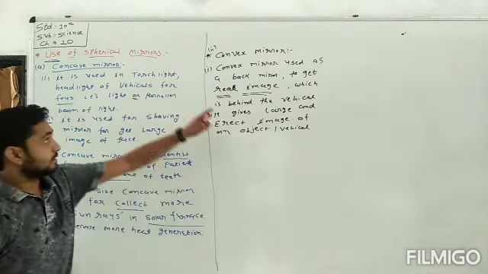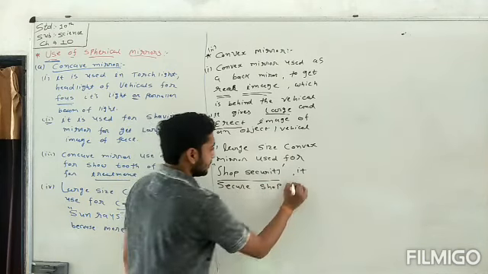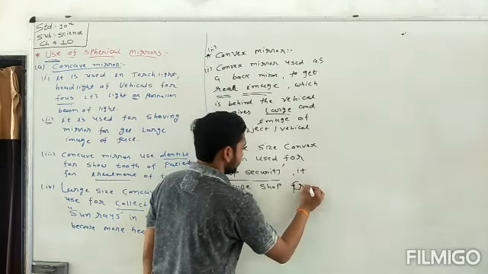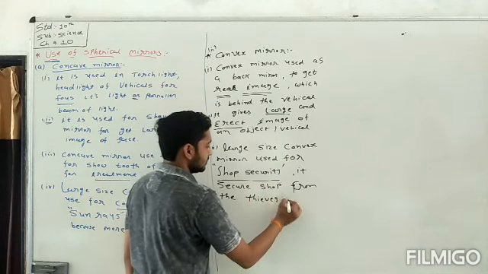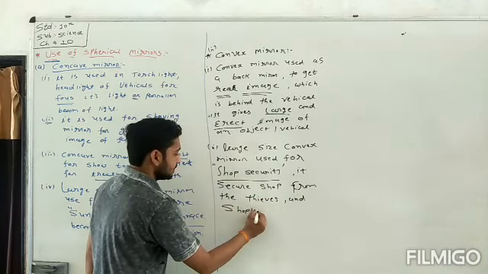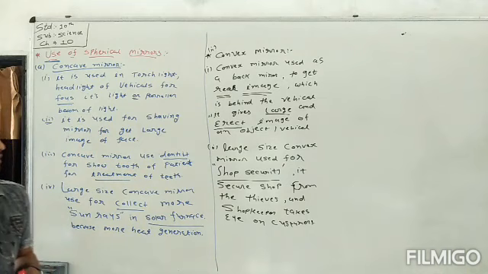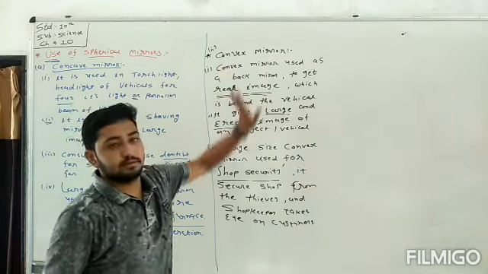It secures the shop from the thieves, and the shopkeeper keeps an eye on customers. These two are general uses of convex mirror.